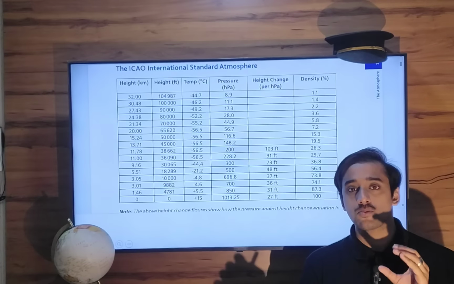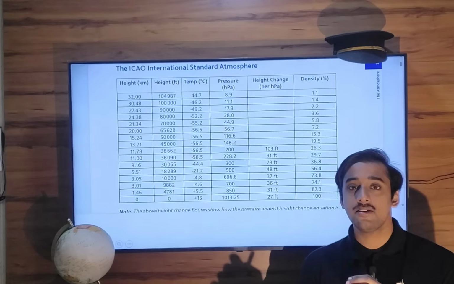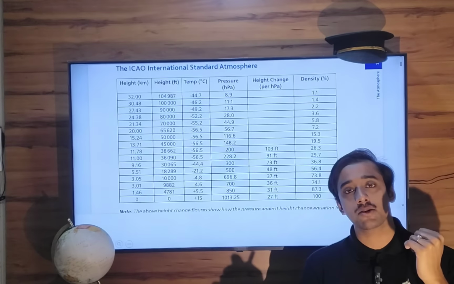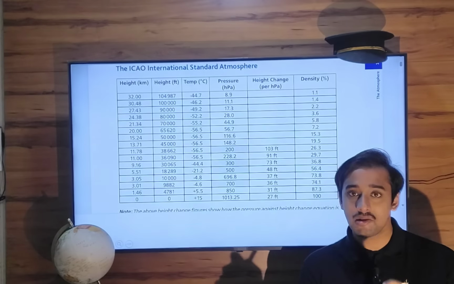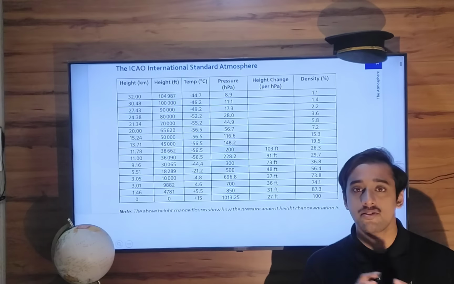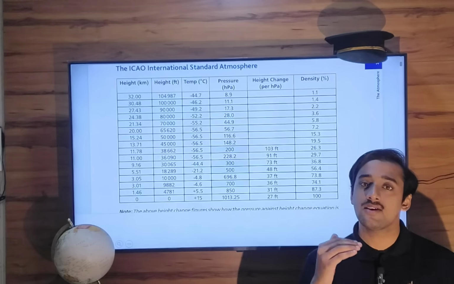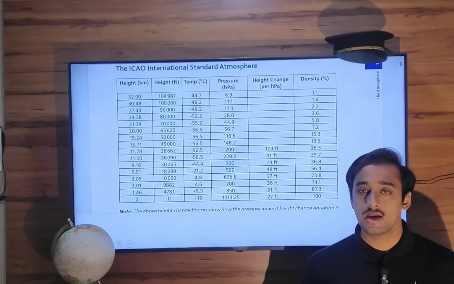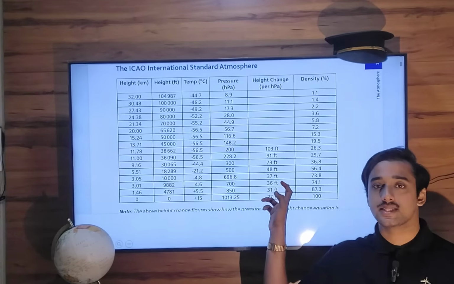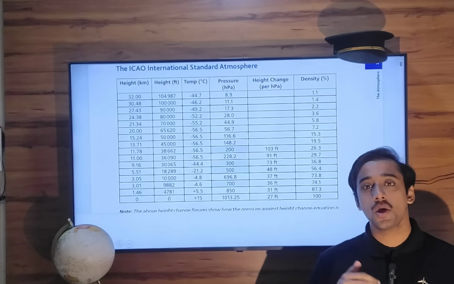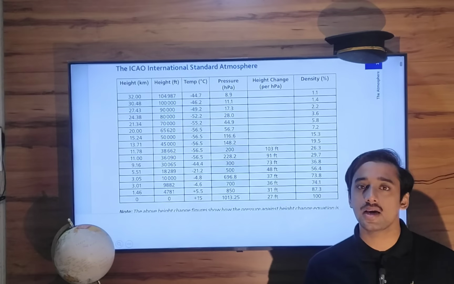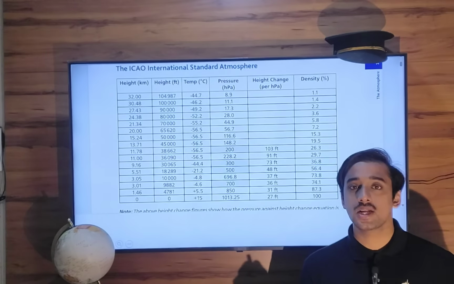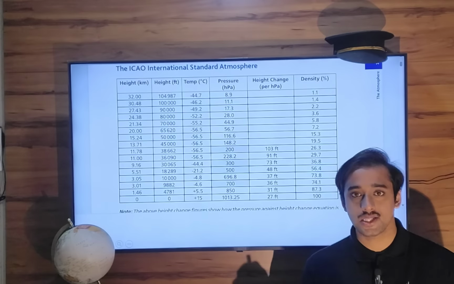So if atmospheric pressure requires 30 feet to bring a change of 1 millibar, at higher levels in the atmosphere you will require 100 feet for the same change. That means at higher levels the pressure drops at a much slower rate. The same logic applies to density. At lower levels, the density of air starts decreasing at a rapid rate, but as you go higher and higher up in the atmosphere, the rate at which density decreases becomes slower and slower.